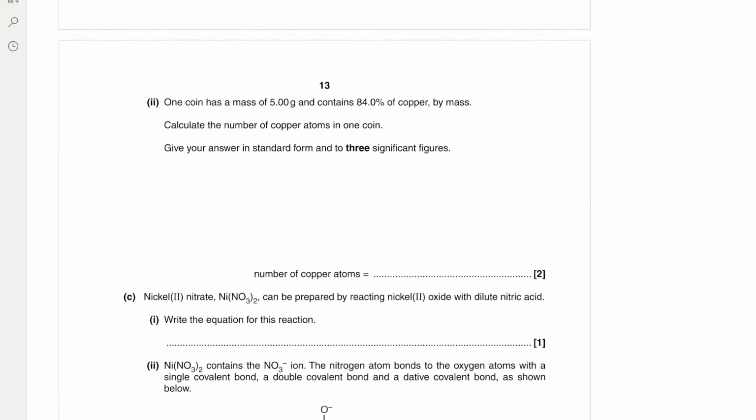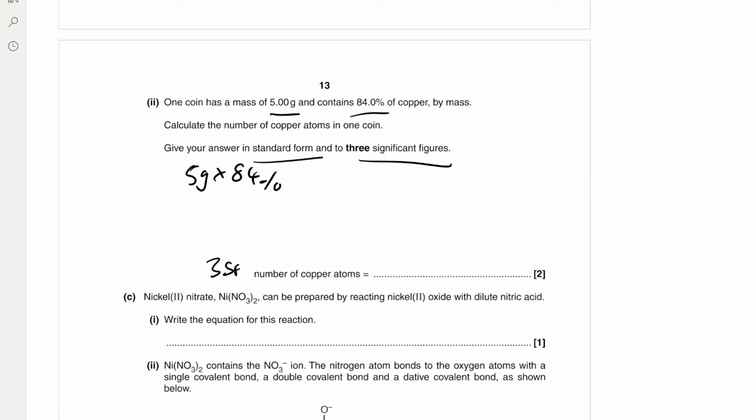One coin has a mass of 5 grams and contains 84% copper by mass. Calculate the number of copper atoms in one coin. Give your answer in standard form to 3 sig fig. So for 5 grams of a coin, 84% of that is copper.